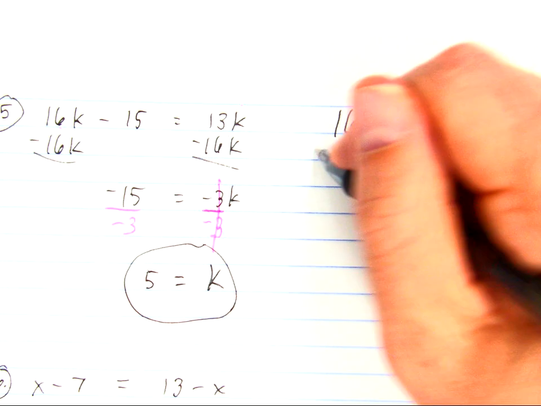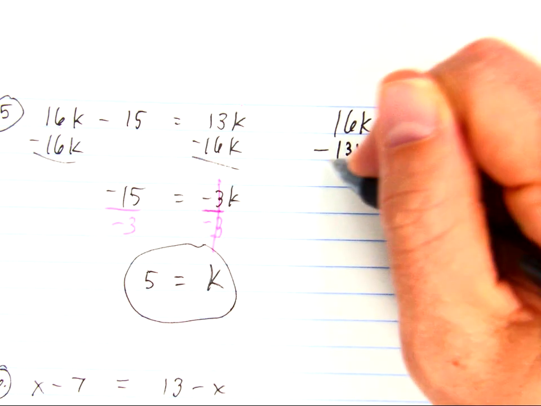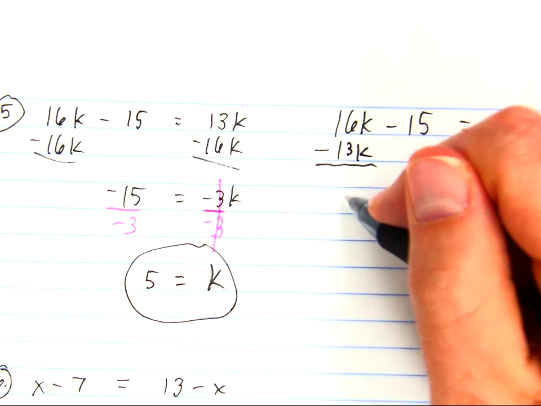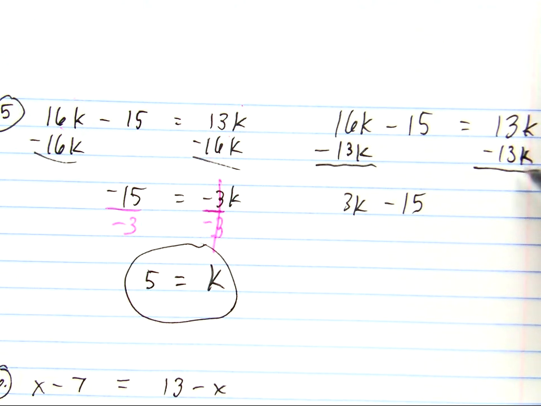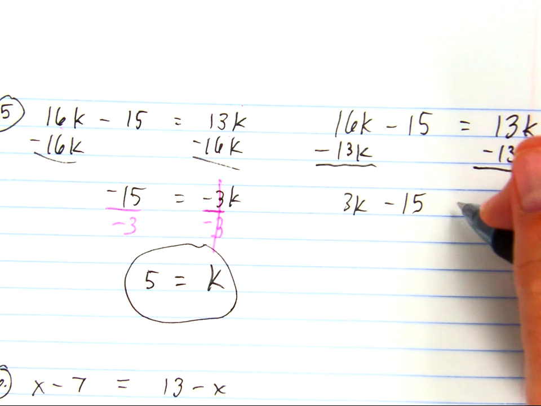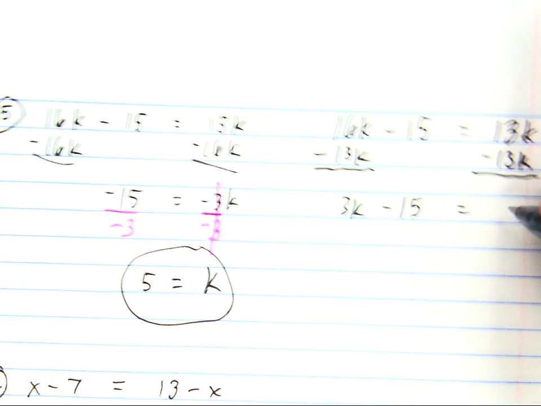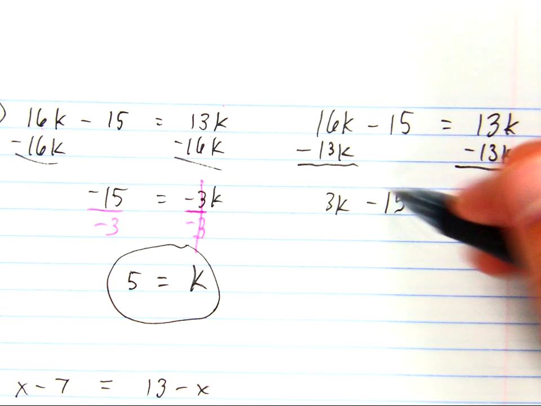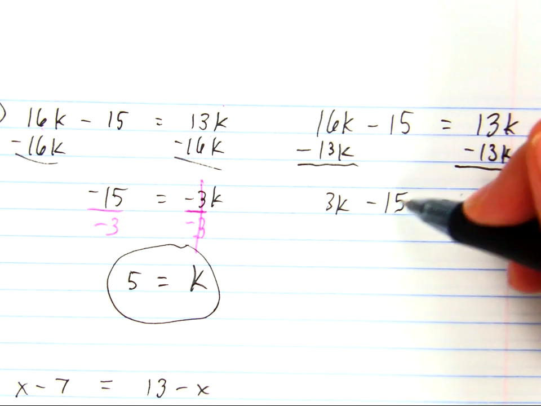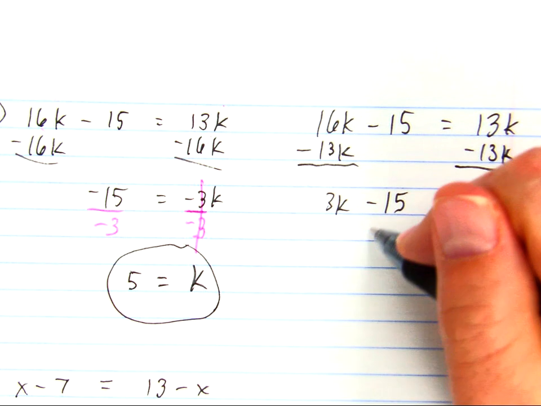And subtract 13k, right underneath the 16k, right? So like terms becomes 3k minus 15. Now I overloaded my left-hand side of my equation. I have nothing here. Nothing here means I have 0. Okay, well, I can't solve this until this -15 gets over here. So you could do this.